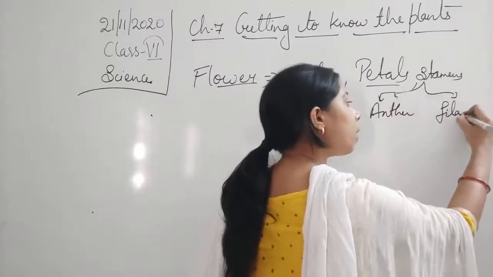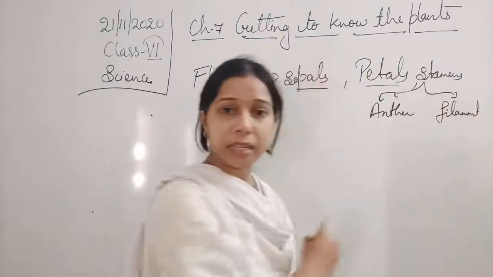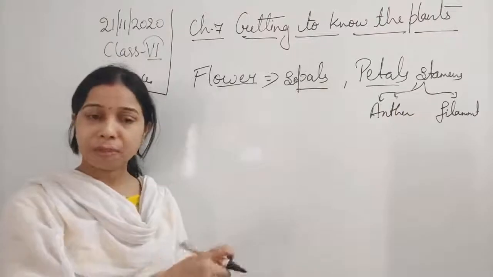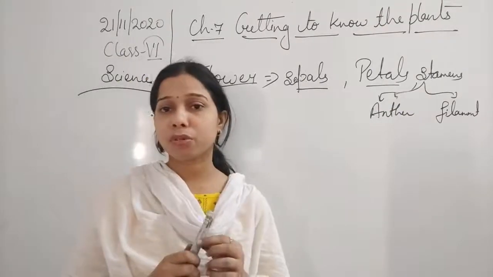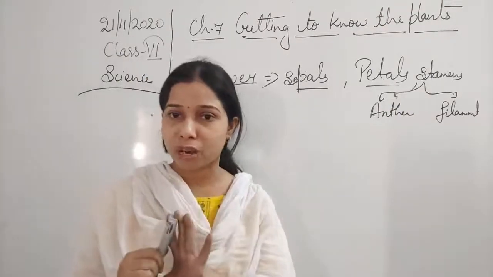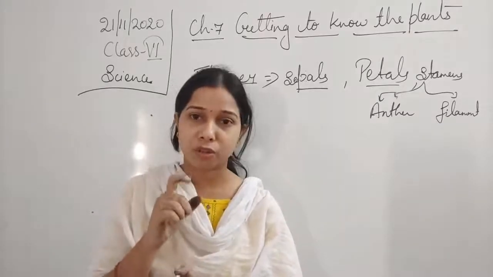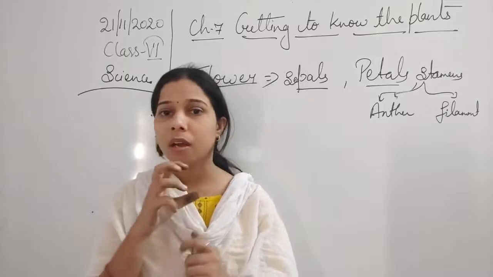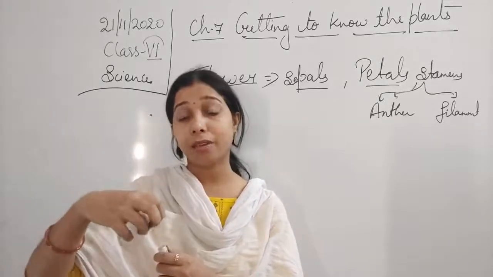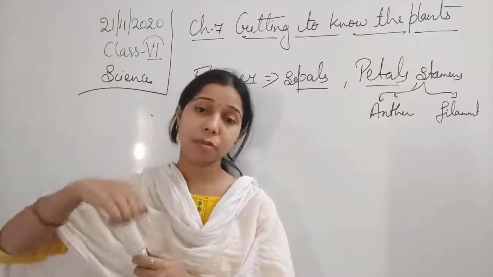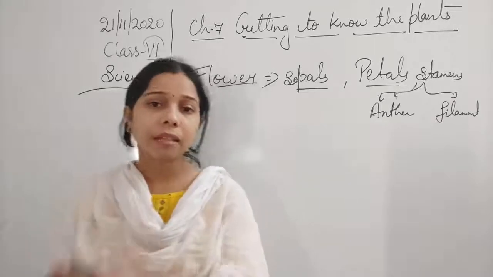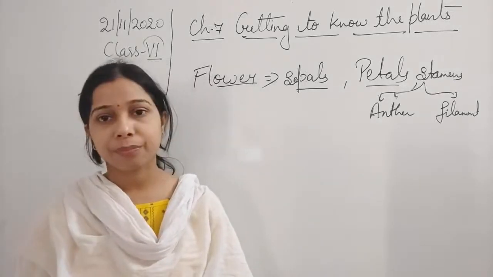We understood the anther and the filament yesterday with the help of a diagram. The filament is a stalk-like structure, and on the filament there is a bilobed structure as a swollen part, present at the top of the filament, and that is known as the anther.